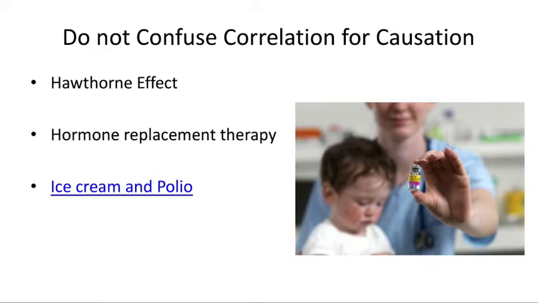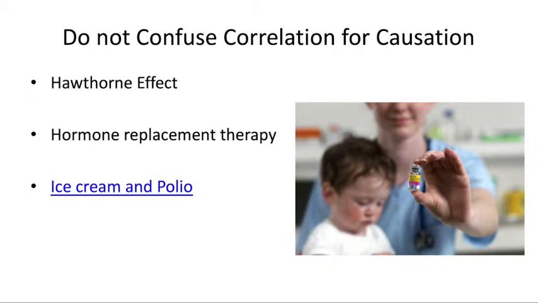Back in the 1960s and the 1970s, there was a study that found that there was a correlation between taking hormone replacement shots when women were in the midst of menopause. Okay, so many women were prescribed hormone replacement therapy to lessen the effects or the symptoms of menopause.